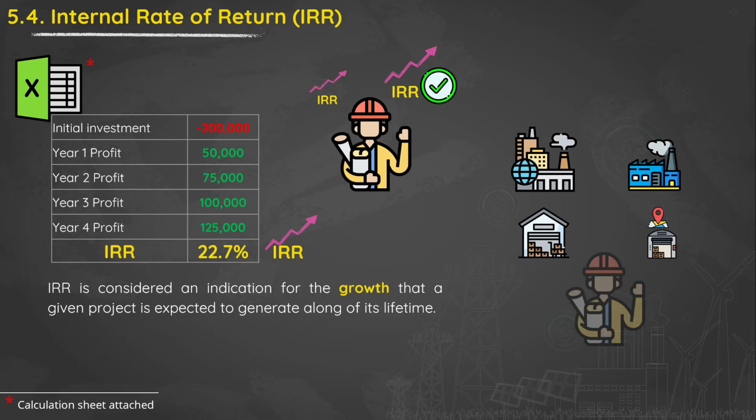But which one do we go for? Here comes the role of internal rate of return, or IRR, to give us an indication of which alternative gives a higher growth rate. And as agreed, the higher growth rate is the one you should go for.